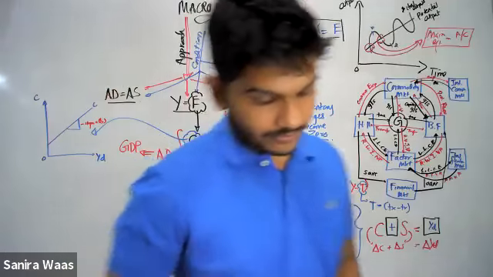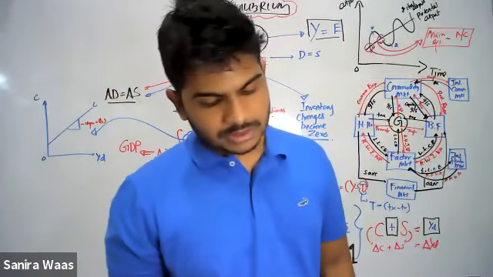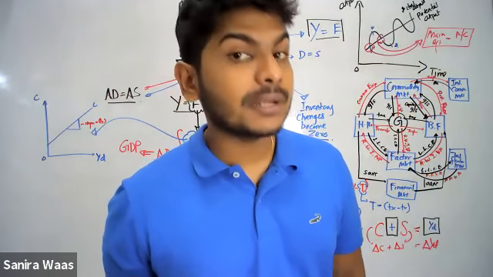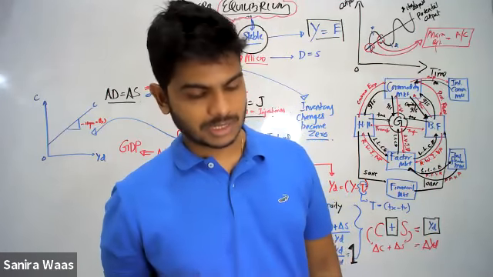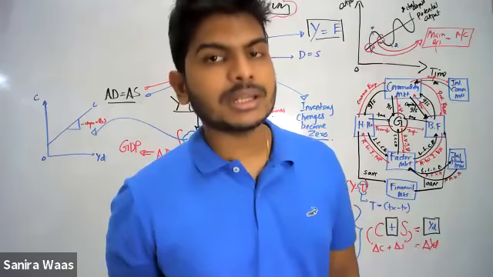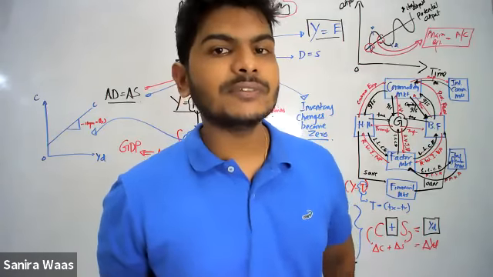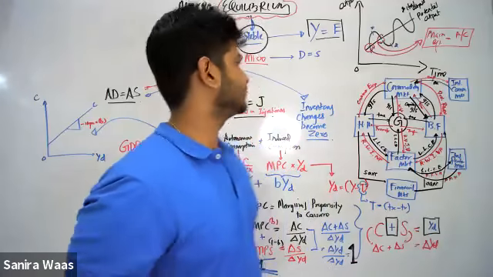Okay, our favorite question is, in the 2020 paper they have asked the difference between aggregate expenditure and aggregate demand. So what's the difference between aggregate expenditure and aggregate demand? Any answer?